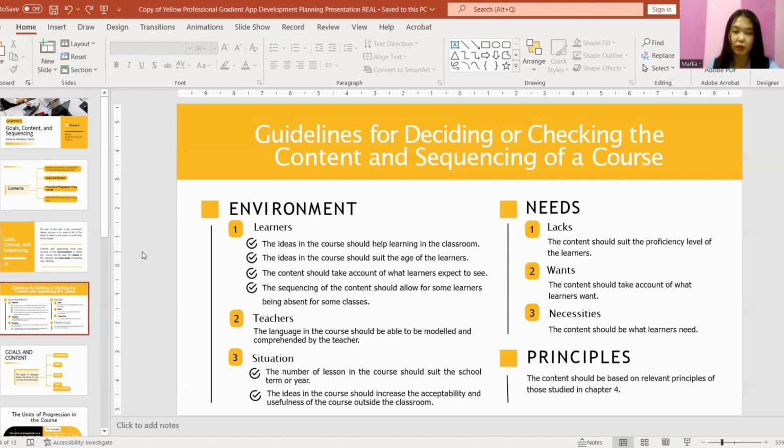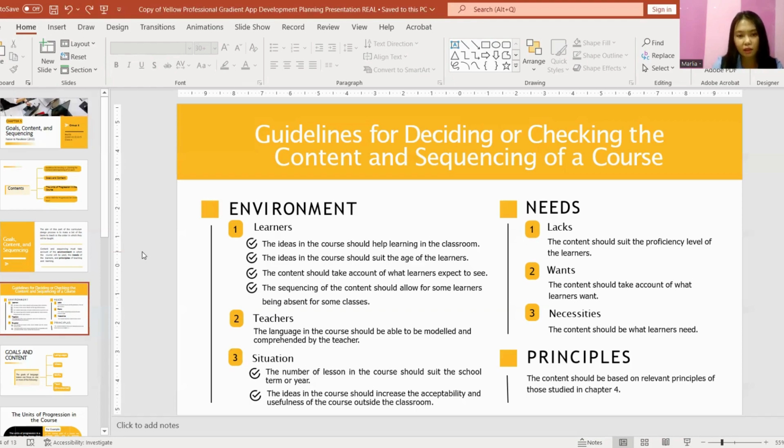Usually, if we sort the content from simple to complex, and if a student is absent from the classroom, they will miss the material. So the content should consider the learners.